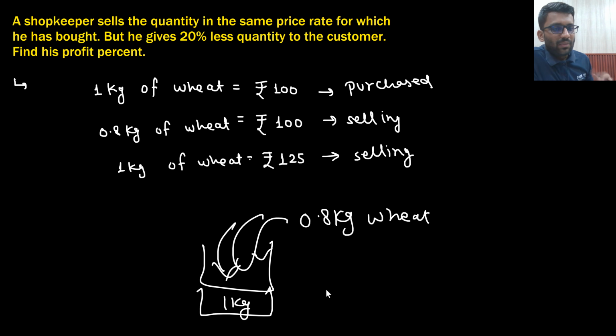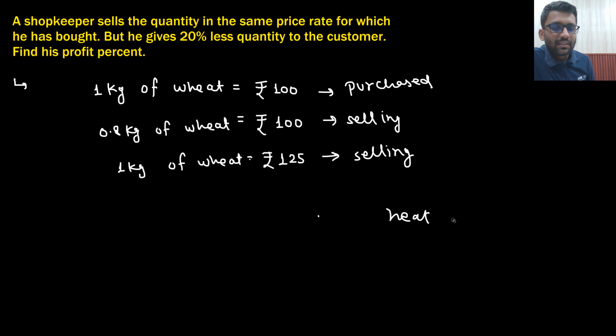So this is what people do in local areas, because I am from a small town only. So there I know that they put 0.8 kg of wheat, but the reading will be 1 kg. So people will think that they are getting 1 kg, but they are actually getting 0.8 kg only.